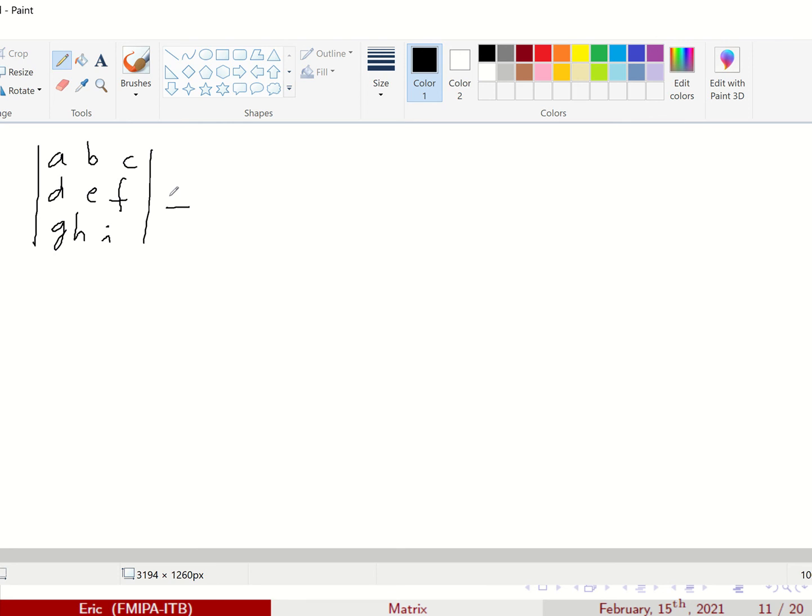You can use the cofactor expansion way, using the first row. This is the first row. Don't forget, I have to have this first.